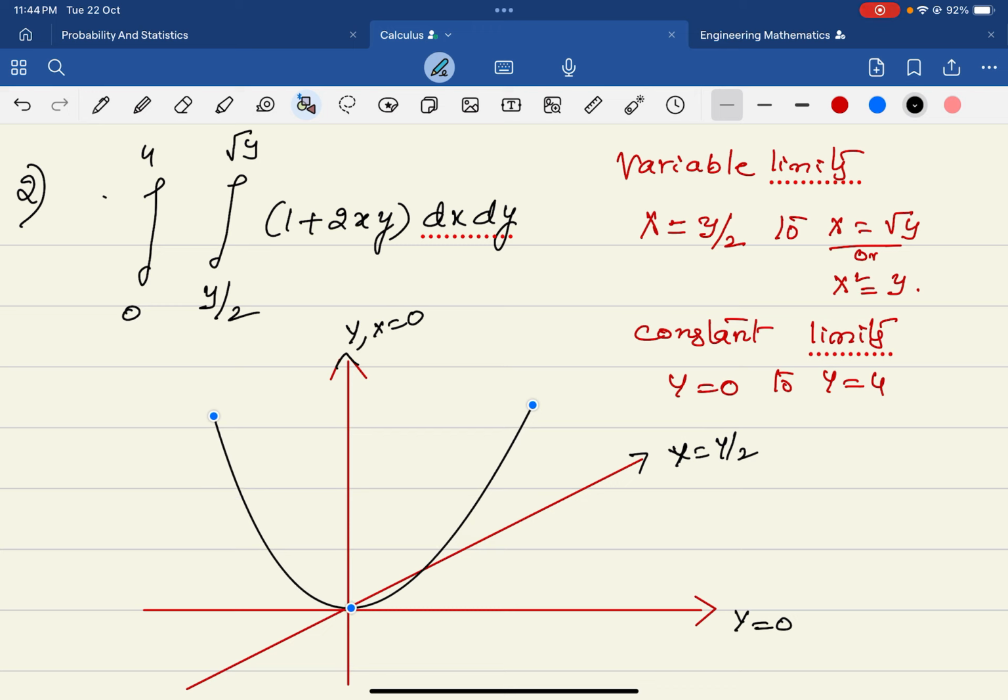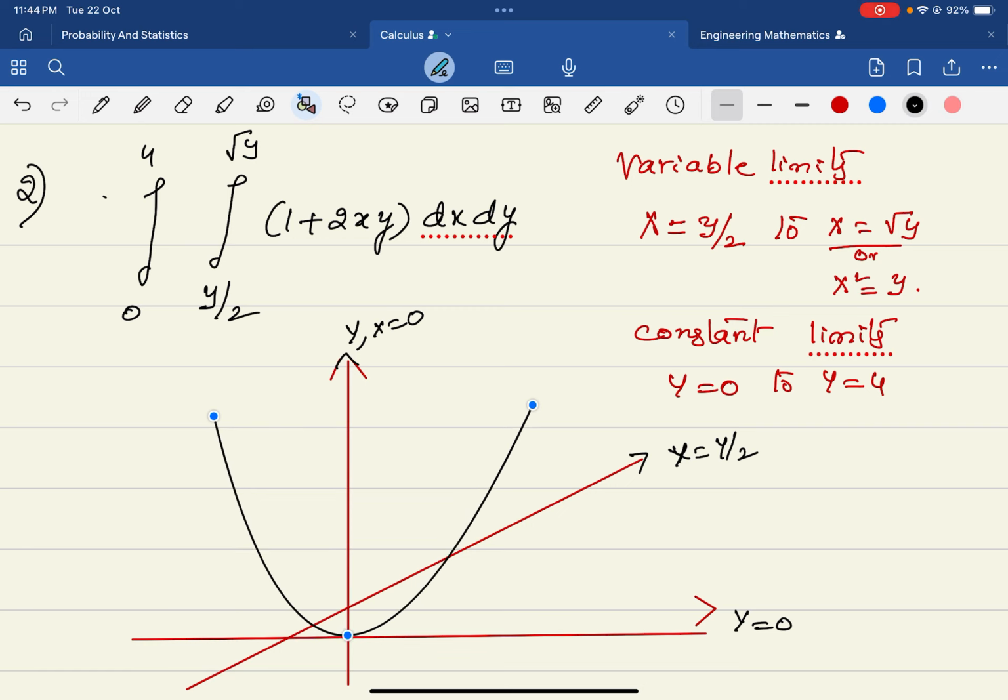Let us draw it in this way. This is y is equal to 0, this is the x-axis, and this equation is x is equal to root y, this parabolic equation.